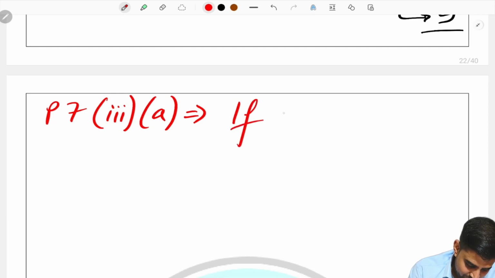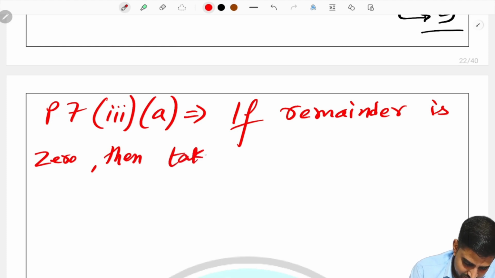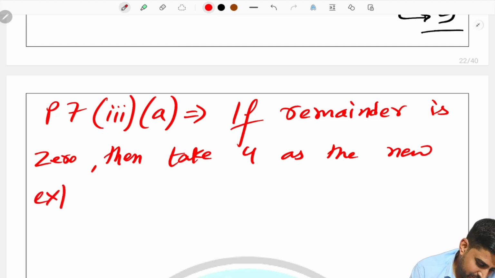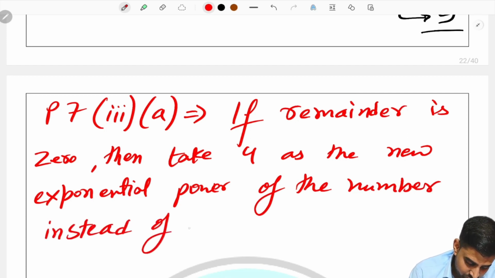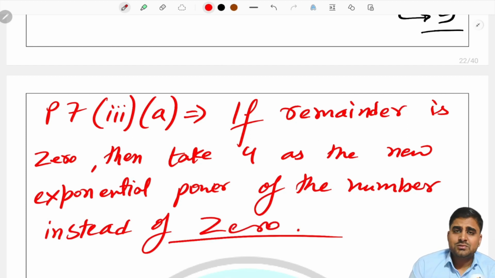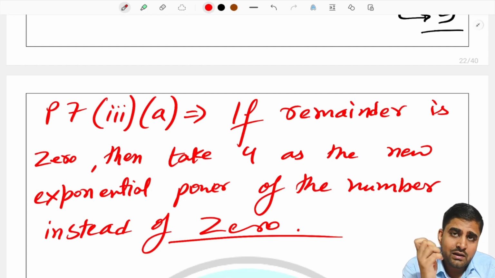If the remainder is 0, then take 4 as the new exponential power of the number instead of 0, because there is no sense in taking 0 now, it will give you 0 only. So you have to take the 4.